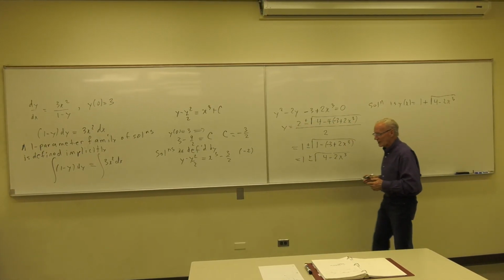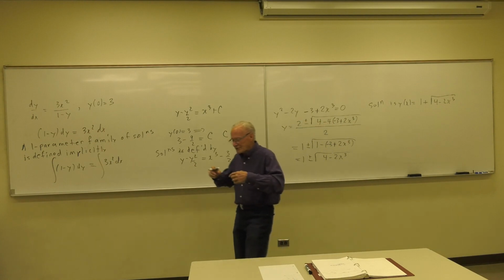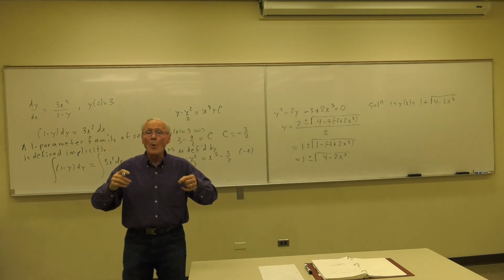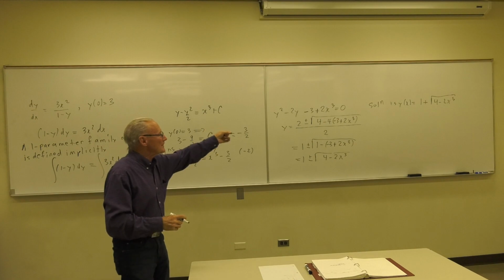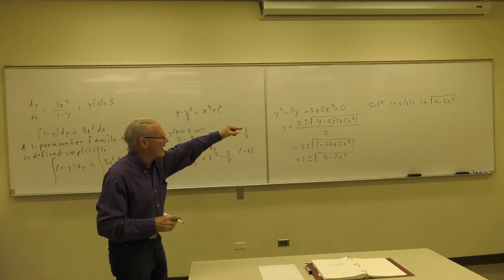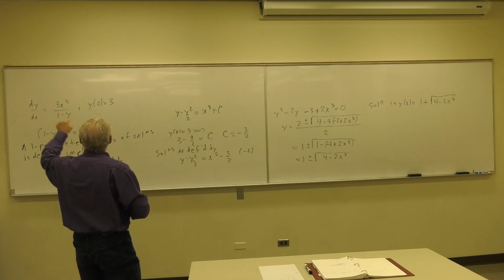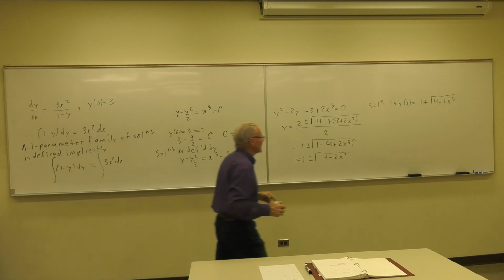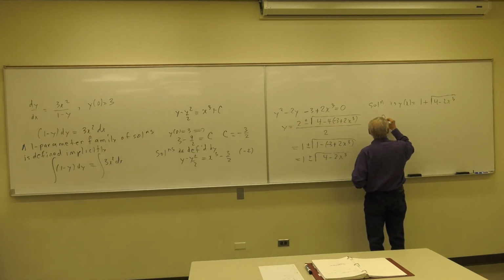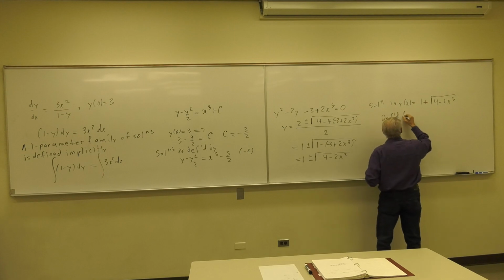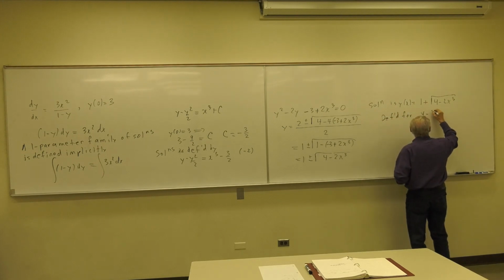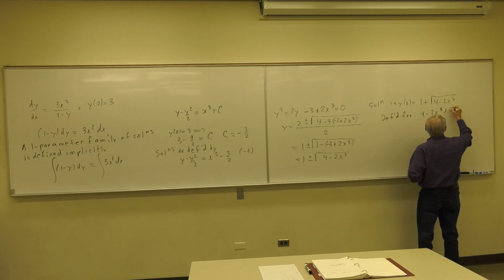What I would like to say is, because always when I solve a differential equation, I'd like to say, when is it valid? For what values of x is that an explicit solution of the original problem? You've got to say to yourself, it's defined for 4 minus 2x cubed greater than 0.